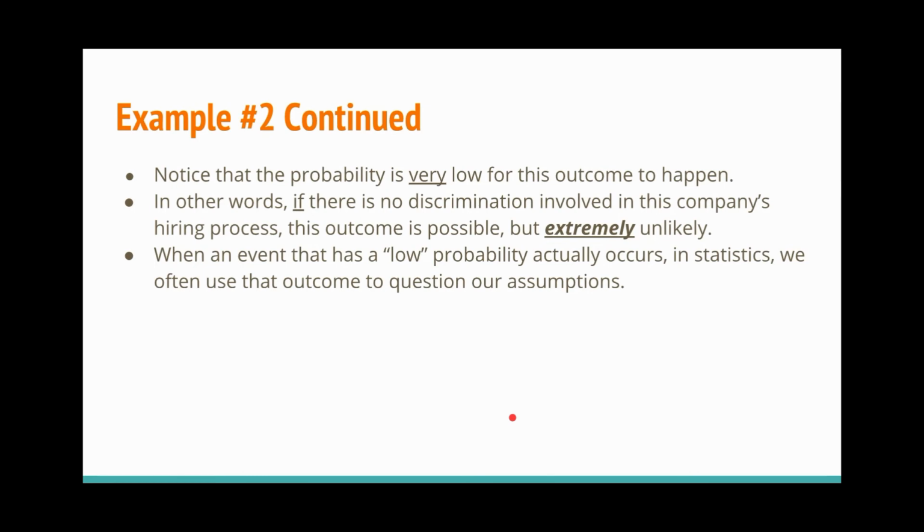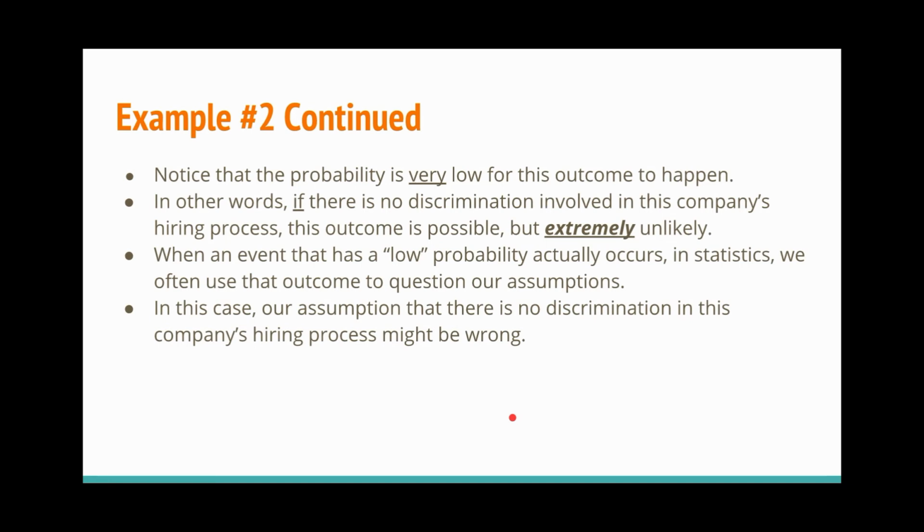Well, if it does, then you're going to look back and say, well, maybe there was something wrong with the way that person decided what the chances of rain were. So if something that has a very low probability actually happens, we start to question our assumptions. So in this case, our assumption that there is no discrimination might be wrong.